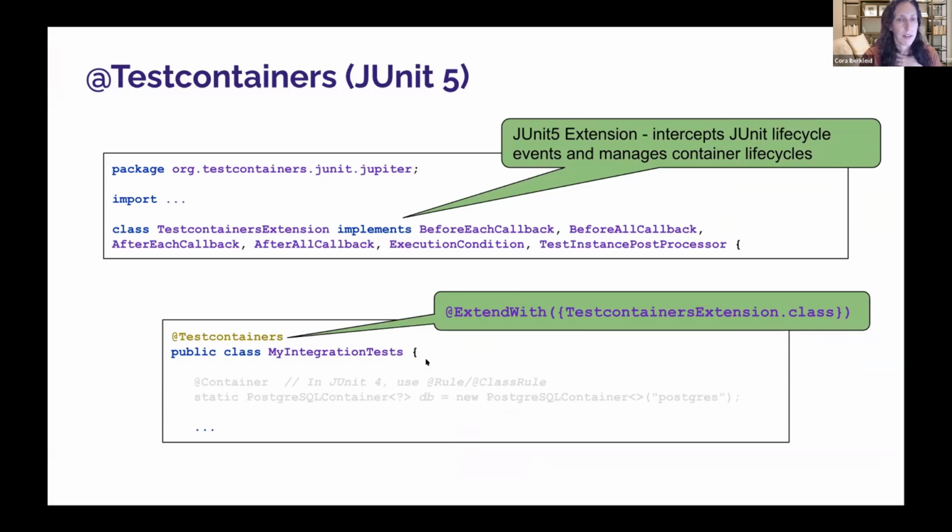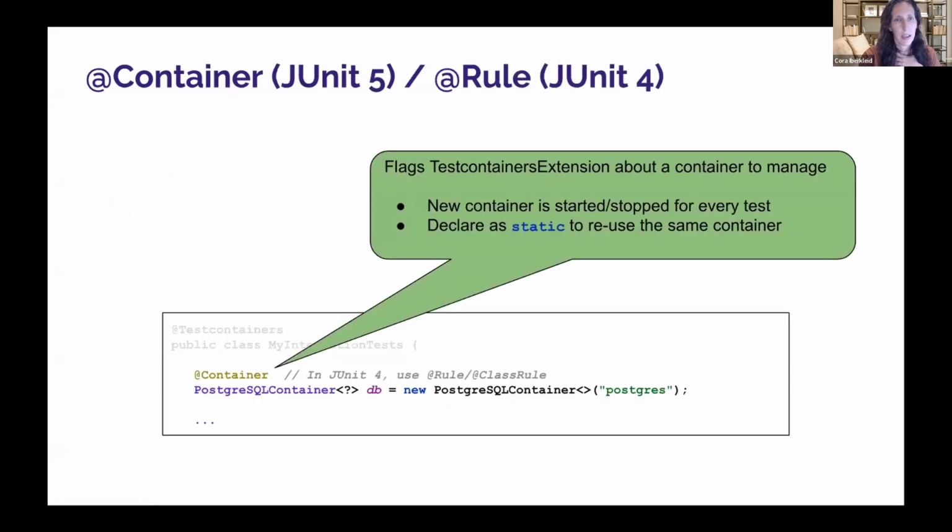So if you have your own test class, you would annotate it with @Testcontainers, and that would include that JUnit extension. And then on the actual object that represents your container, you would annotate that with @Container, and that way you're telling Testcontainers, hey, this is the object that I want you to lifecycle manage. Again, in JUnit 4, you would use rules and class rules.